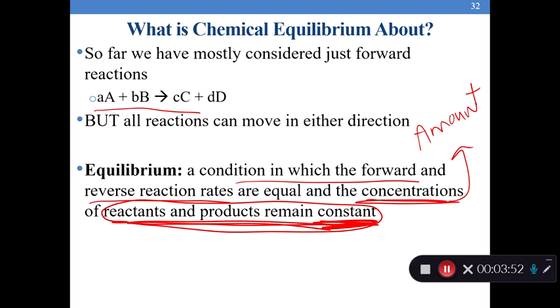They're not changing. So if you were performing an experiment and measuring the amount of C over time, if the reaction was in equilibrium, it wouldn't change. The concentration would be constant. If you were measuring B, it would be constant. Okay, so that is what equilibrium means.